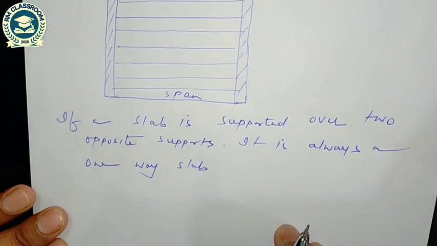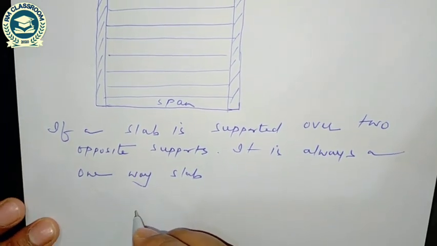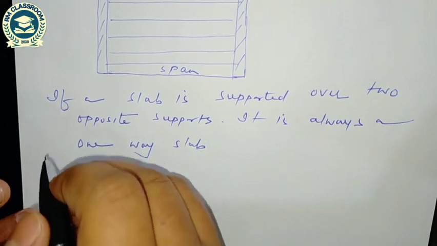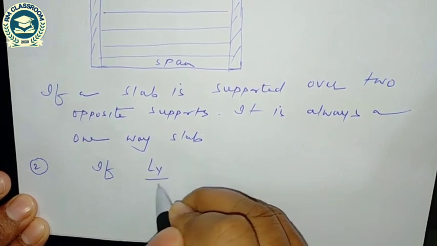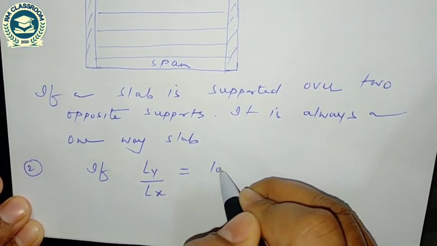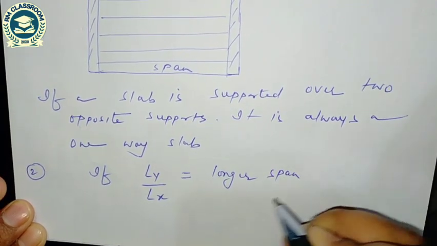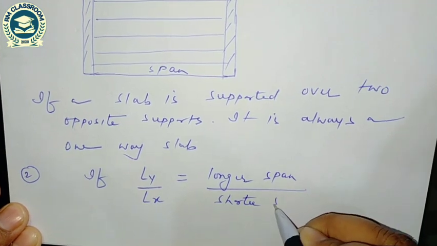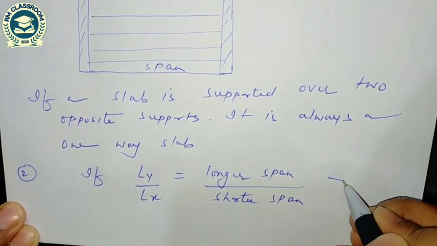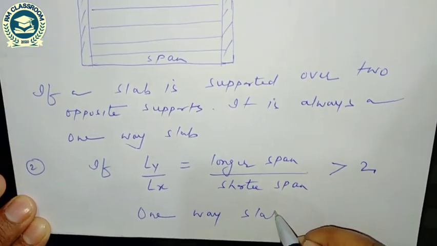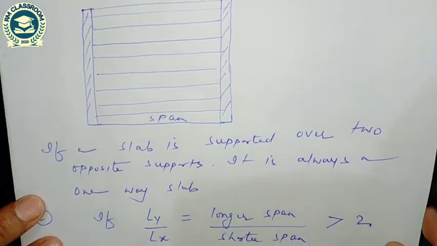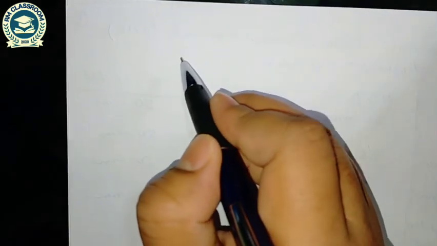Similarly, the second condition for a one-way slab, which is a very important condition, is that if Ly by Lx, that is longer span by shorter span, exceeds 2, then it is called a one-way slab.